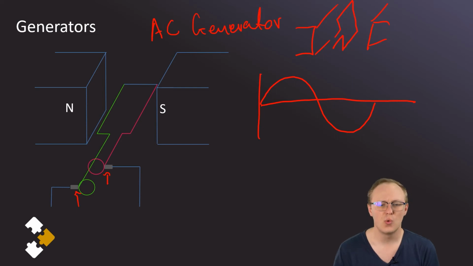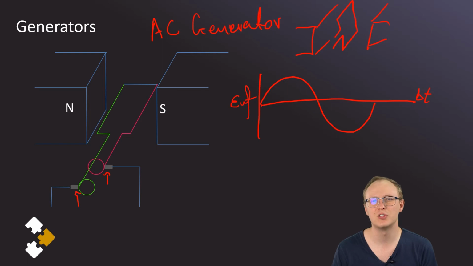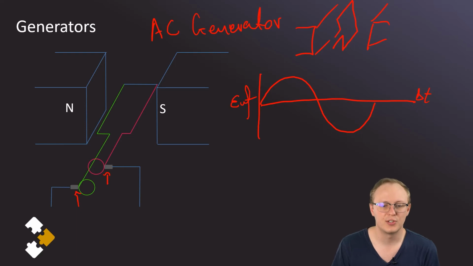So when we have this 0 here, I should probably say that this is EMF versus time, but it could also be current versus time, because current and EMF are going to be in phase due to Ohm's law, right? So we're going to think here, what position is going to give us this 0 for EMF, where there's going to be no induced EMF? What's going to give us a maximum induced EMF, which is going to be these bits here?